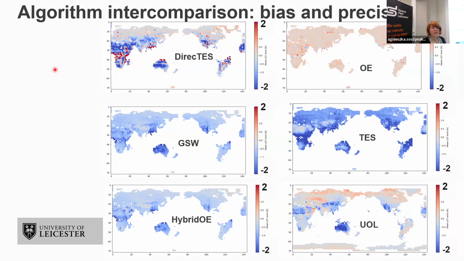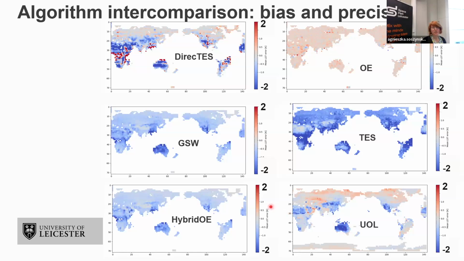Then what's interesting as well is that the algorithms can go in both directions. For instance, URL algorithms are a good example of that. It can go negative, but it can also go positive, and you can see some patterns there already. Similar atmospheric conditions, similar temperatures at the ground will yield different accuracies of the same algorithm.